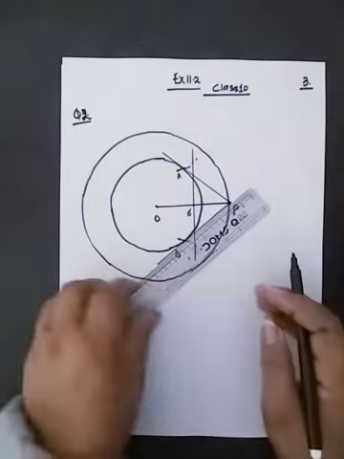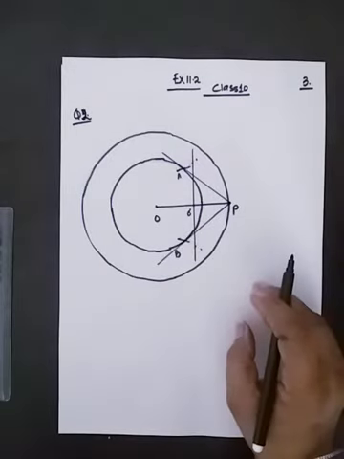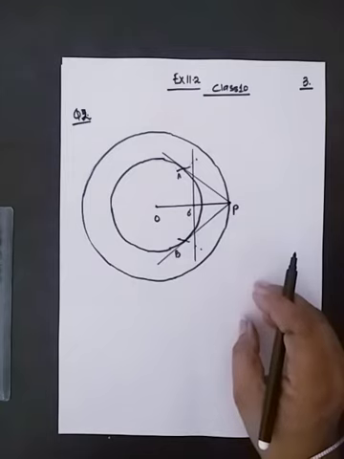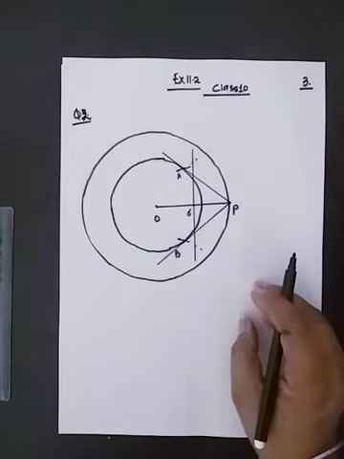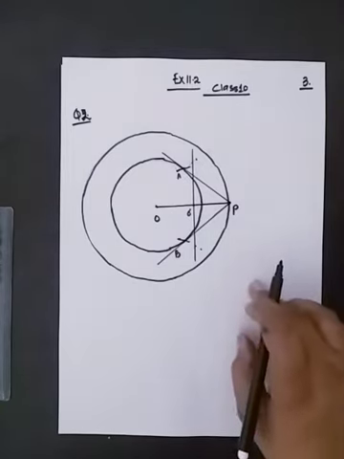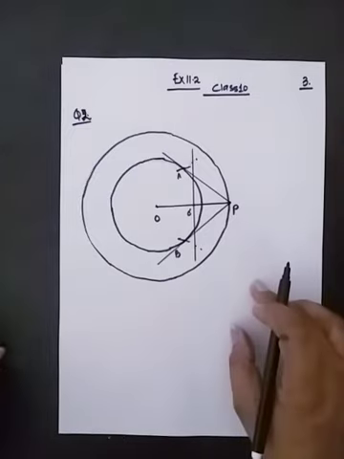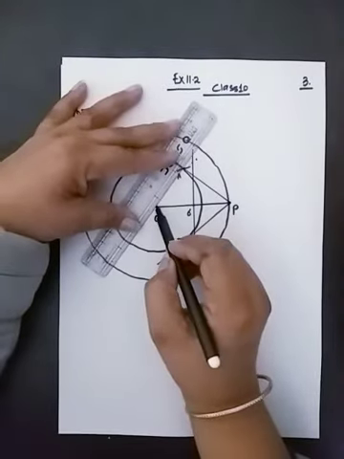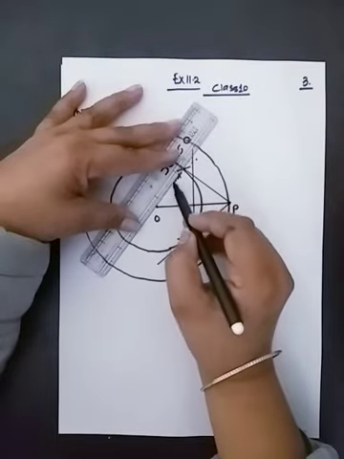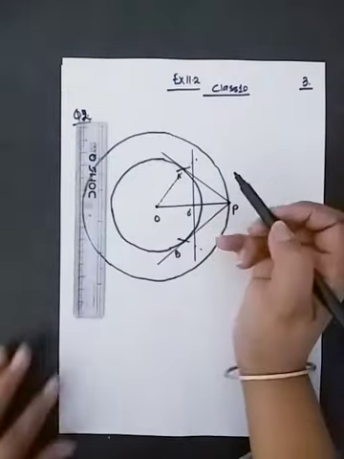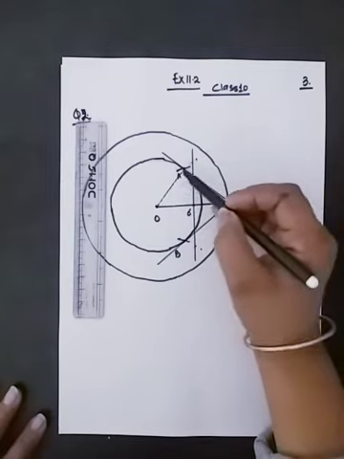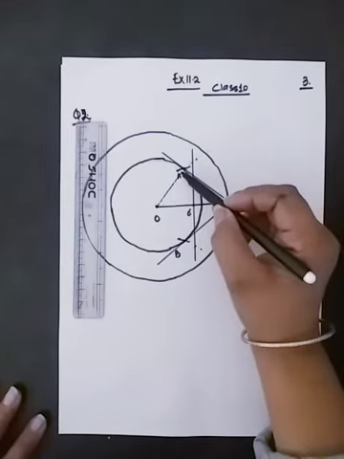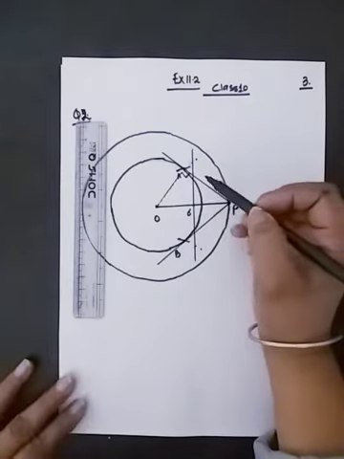Again in the question, we are also asked to measure the length of these tangents and also verify it by actual calculation. So to verify by actual calculation, we have to join O to A, and we know that the angle between the radius and the tangent at the point of contact is 90 degrees.